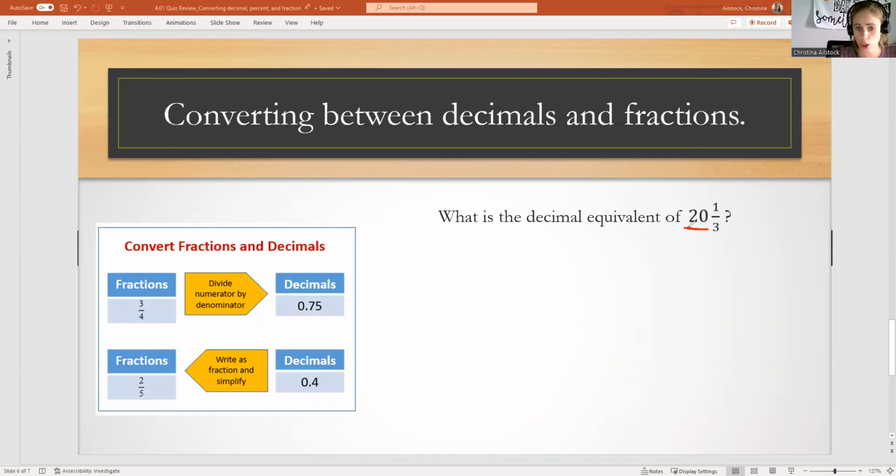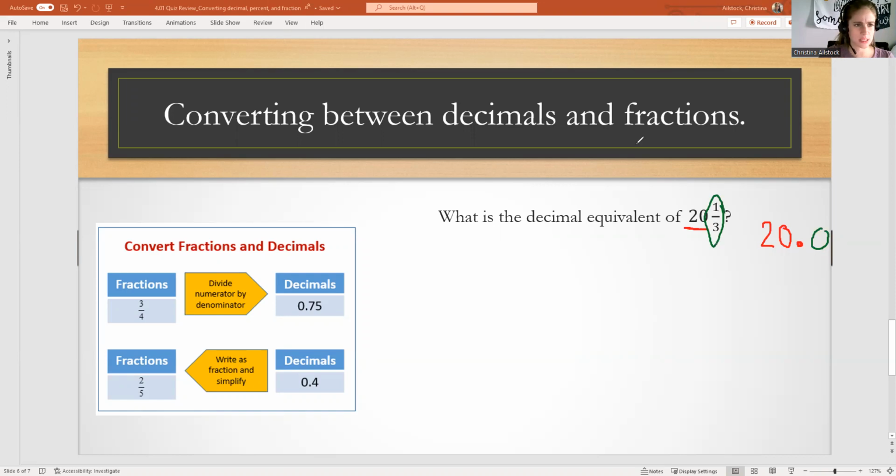So that is going to go in front of our decimal point because that is 20 whole pieces. Then our fraction, the 1/3, we'll turn that into a decimal, and that will go after the decimal point because that is our partial amount, our incomplete amount. It doesn't quite make a whole. So we honestly can just turn that 1/3 into a decimal, and then we'll end up having our answer.